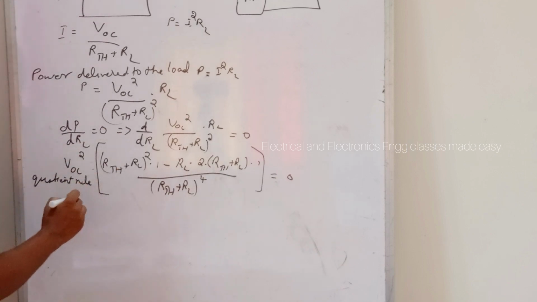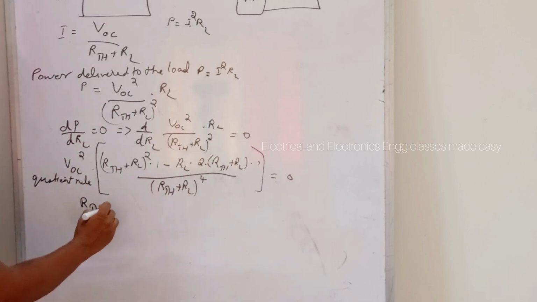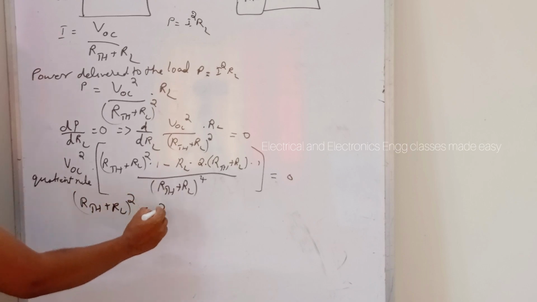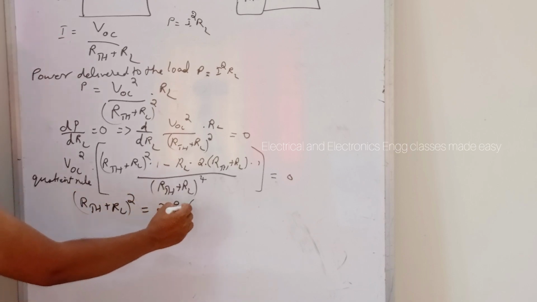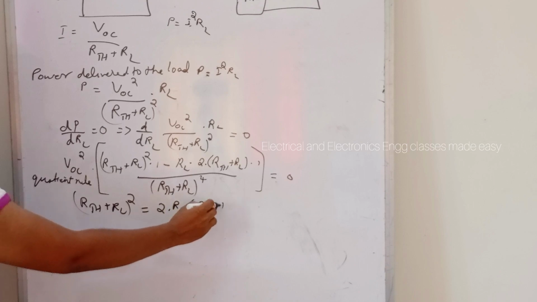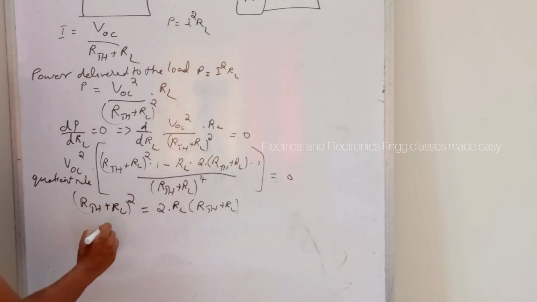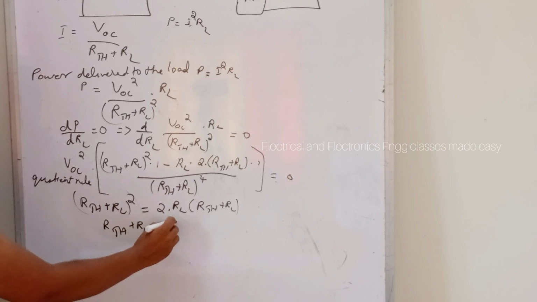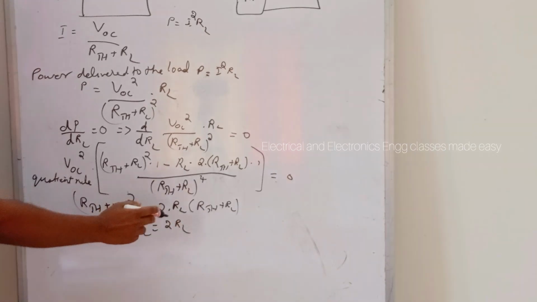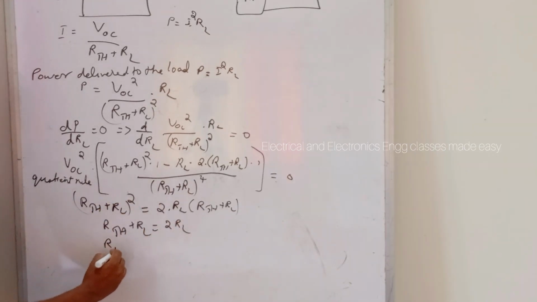So we can write RTH plus RL the whole square equal to 2 into RL into RTH plus RL. One factor of RTH plus RL we can cancel. Now we get RTH plus RL is equal to 2RL. So we get RL is equal to RTH.